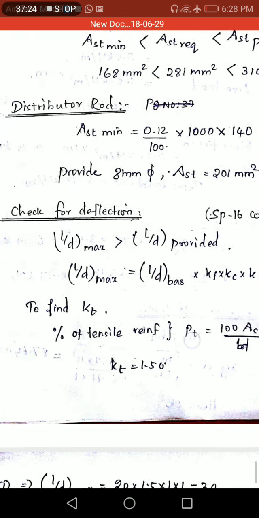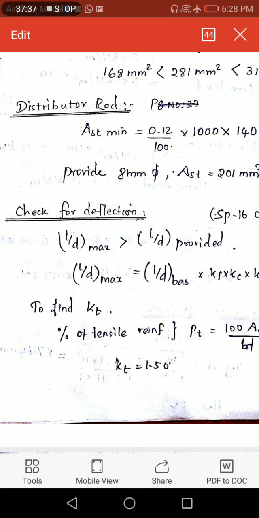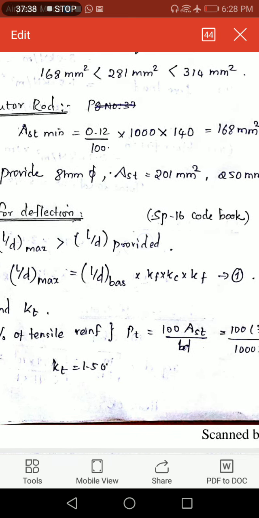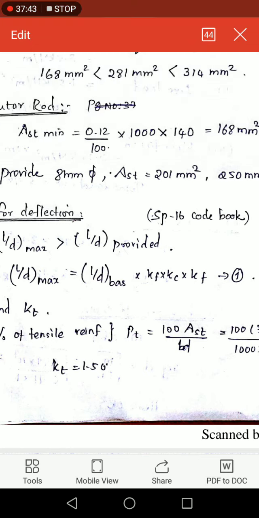Now AST is known. Therefore we have to find the KT value from this graph. AST provided and AST required for the main reinforcement, all those values are known.